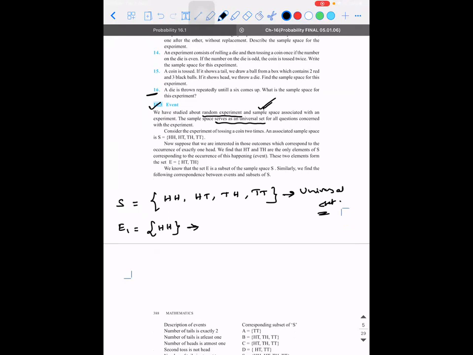If I put a question, write the set of possibilities where you will get 2 heads, then the set will contain only H, H. Suppose I write event E2 as head, tail. Then what is the name you can give for it? It is up to you. What are you able to observe?